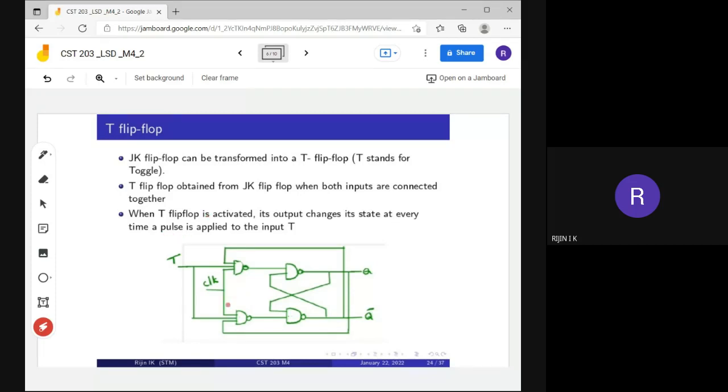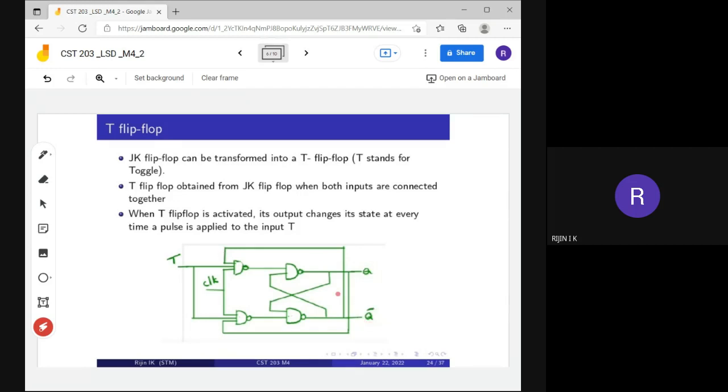In this diagram, it is similar to the JK flip-flop, but the only difference is that we have connected the same input to both the NAND gates. That means it has only one input, so we can call it a single input flip-flop. It generates two outputs, Q and Q bar.